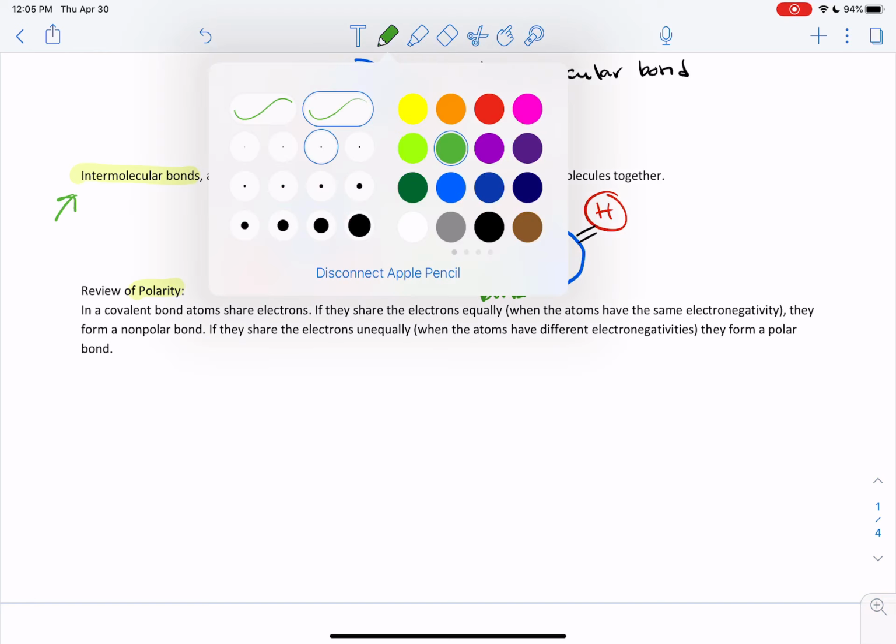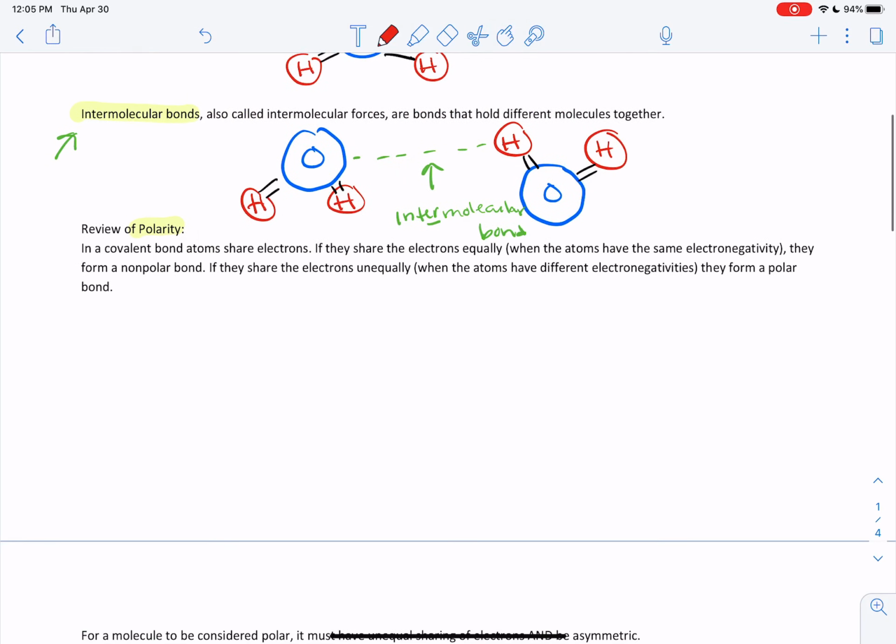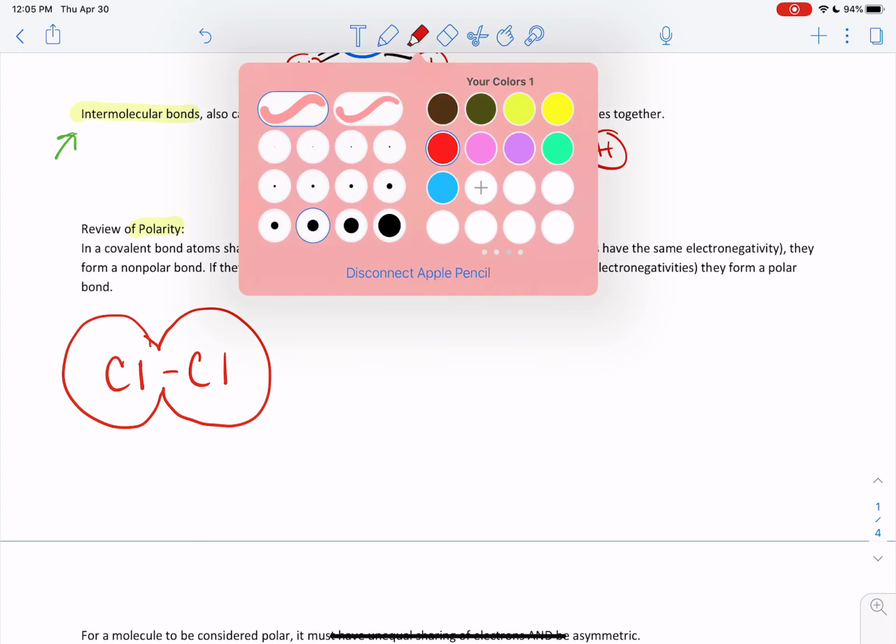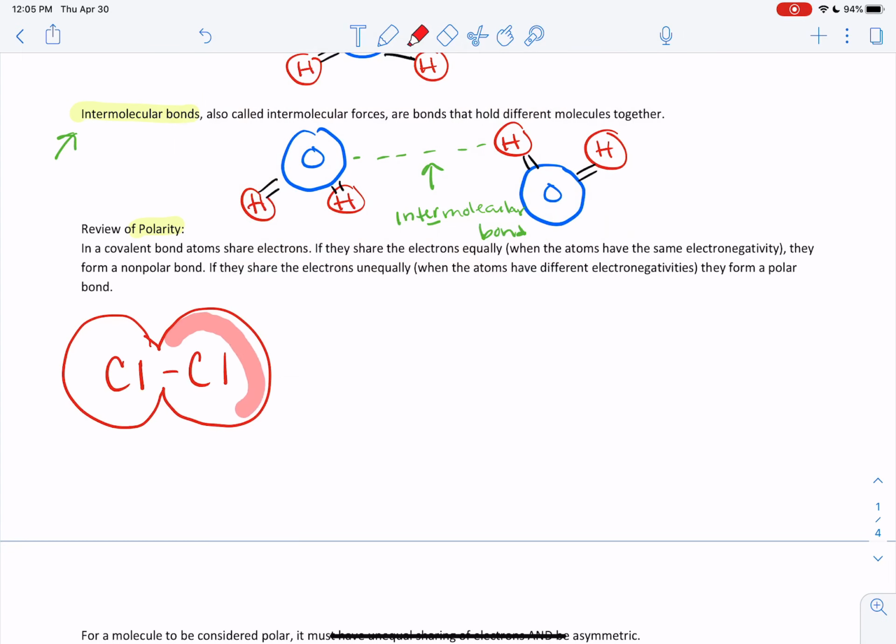So, for example, if we have, let's say, two chlorines, okay, and they're bonded together. These have the same electronegativity, so they're pulling the electrons the same amounts, and as a result, the electrons are evenly spread out.